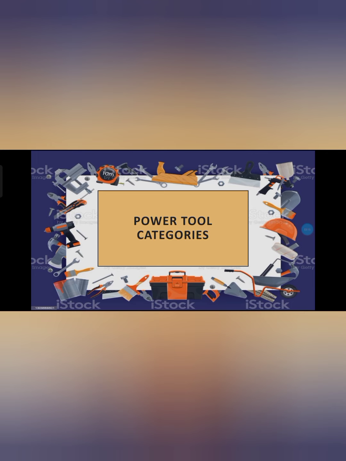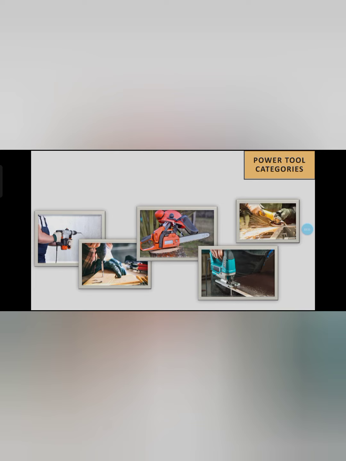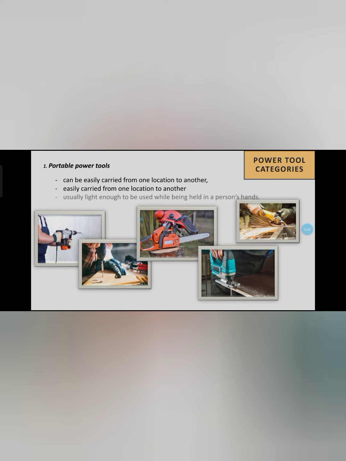Ano-ano ba ang two categories na ito? Okay, so we have a portable and stationary. First is the portable. Okay, the portable power tools. So these portable power tools are handheld. Okay, so it's convenient because you can carry it around the house or different job sites and perform your tasks where materials will be installed, di ba?